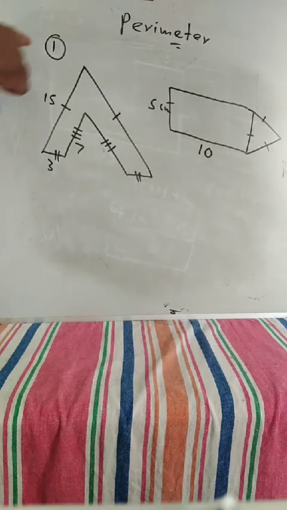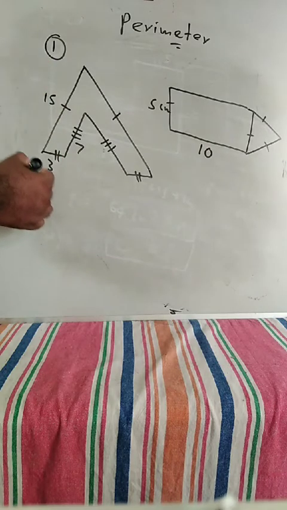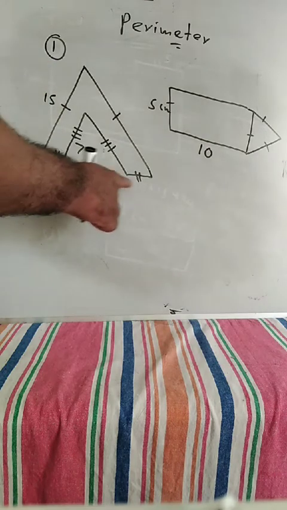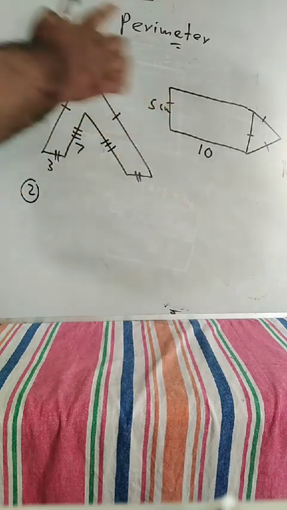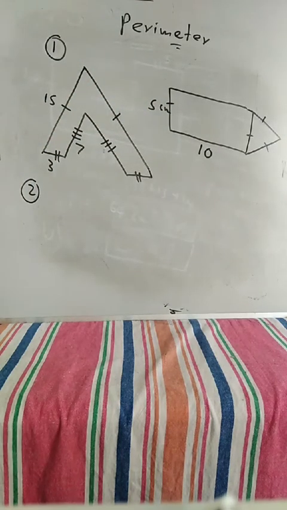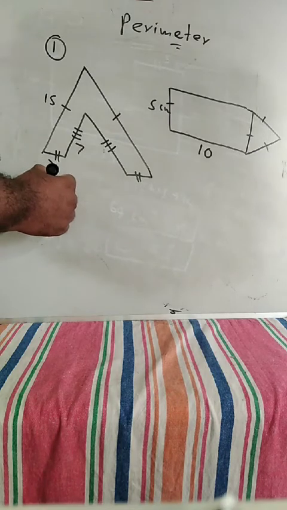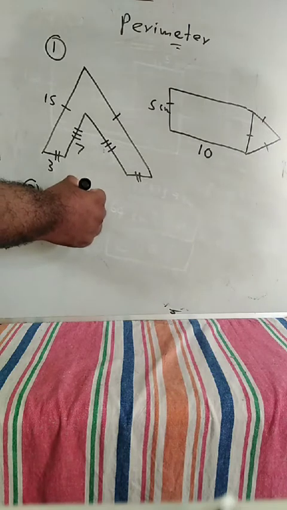Here the second one. The perimeter of an equilateral triangle is 30 centimeters. What is the length of a side?